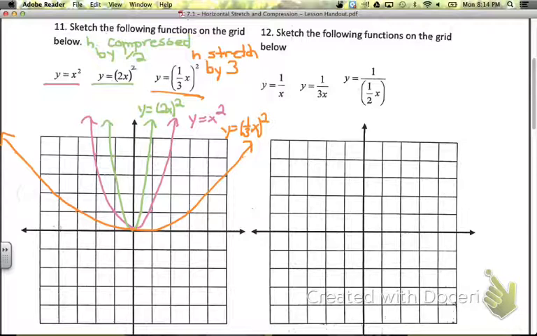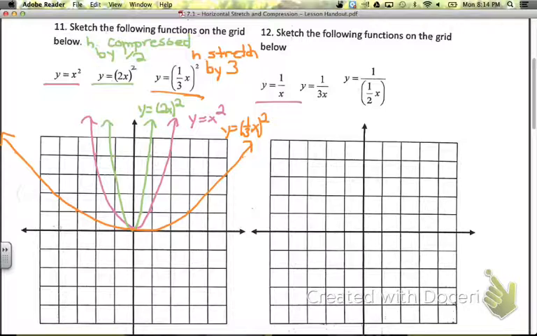So now what we can do is we can look at our next function here. So we have here y equals 1 over x. So this is our rational function. Remember, when we have our rational function here, we have our asymptotes, which are x equals 0 and y equals 0. So in this case, it's just our x-axis and y-axis.